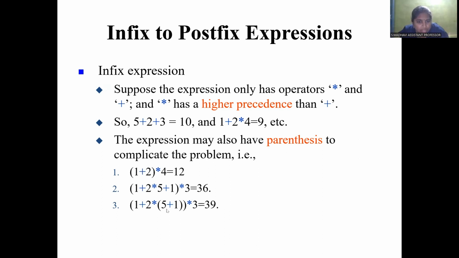So 6 will be multiplied with 2, because the star has the highest precedence here. So 6 2s are 12, plus 1 is 13, 13 3s are 39. This is how in general we evaluate an infix expression.